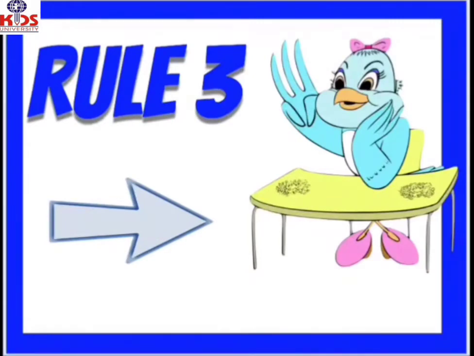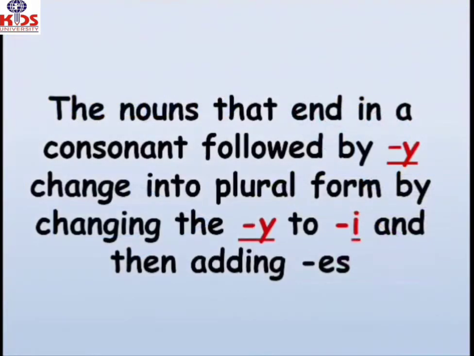Now let's talk about rule number 3. The singular nouns that end in a consonant followed by y change into its plural form by changing the y to i and then adding es.